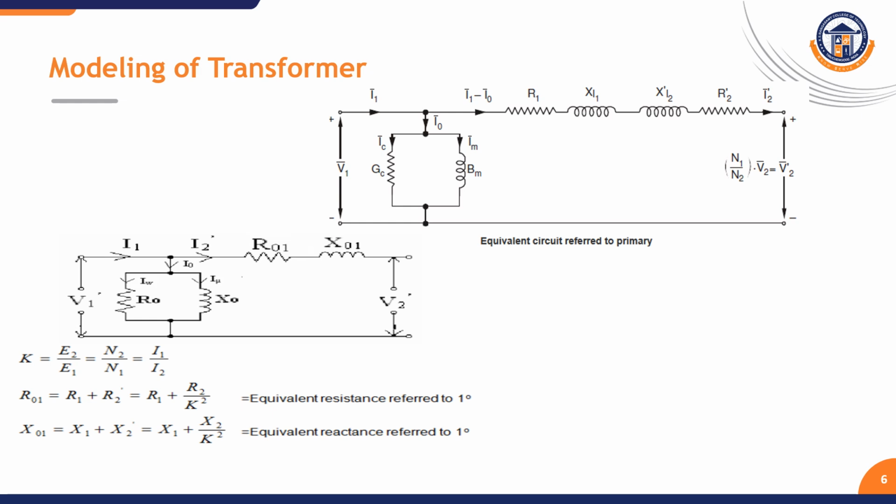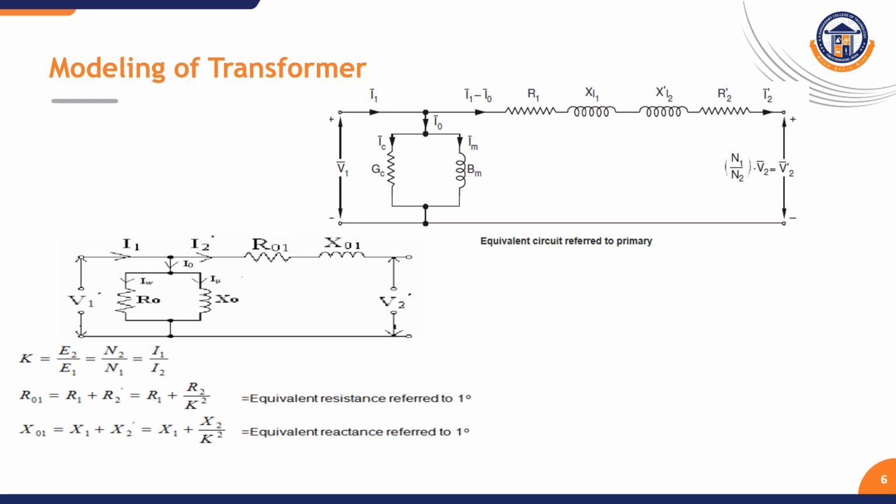In addition, a magnetizing component is also there in the transformer, that is, magnetizing current also flows. From the operating principle, you understand the concept of magnetizing current and its components, Iw and I mu. Here the diagram shows the equivalent circuit of a transformer, which is the modeling of a transformer.